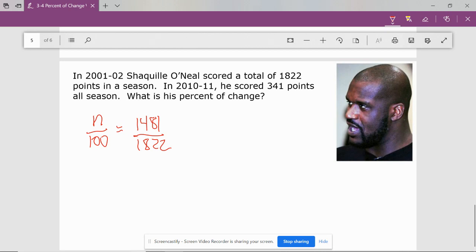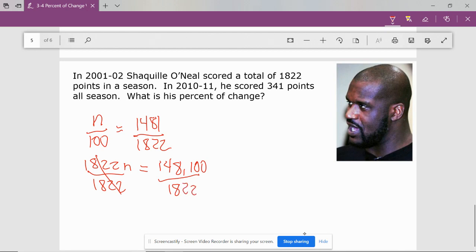When we cross multiply, we have 1,822n is equal to 148,100. We divide both of these by 1,822, and they cancel out.